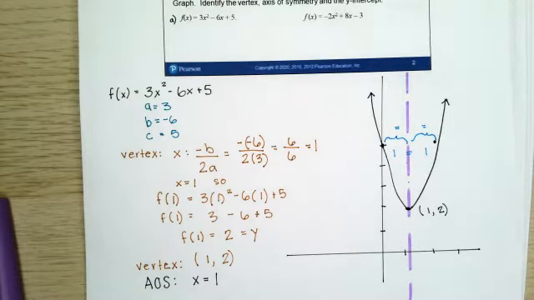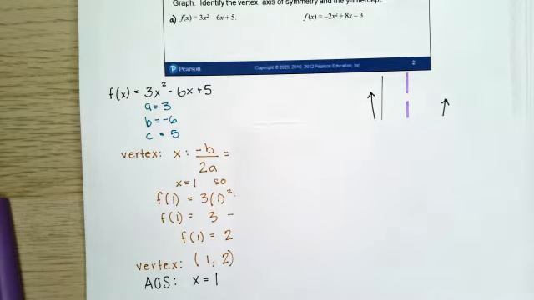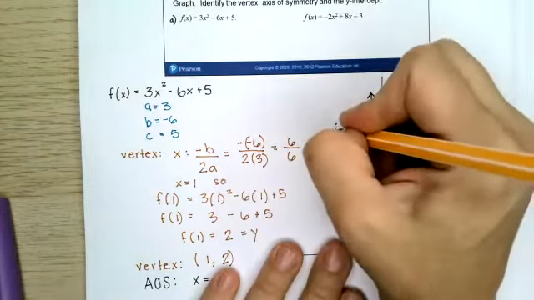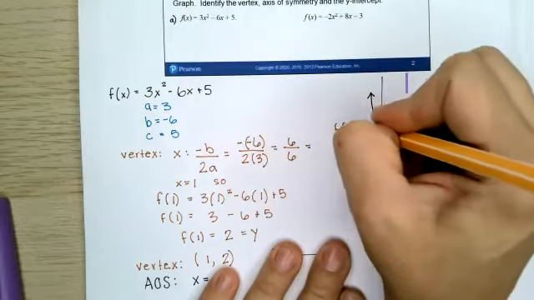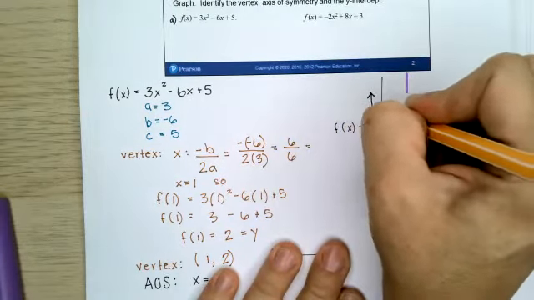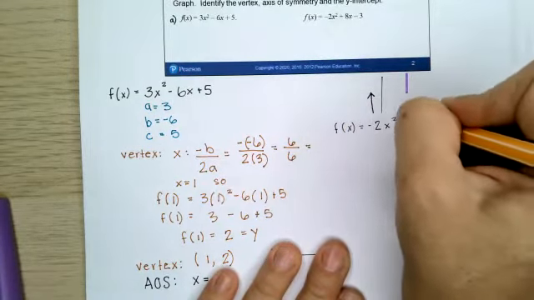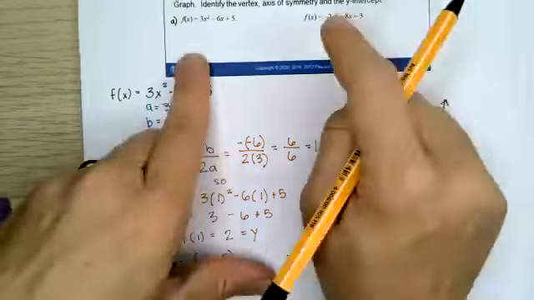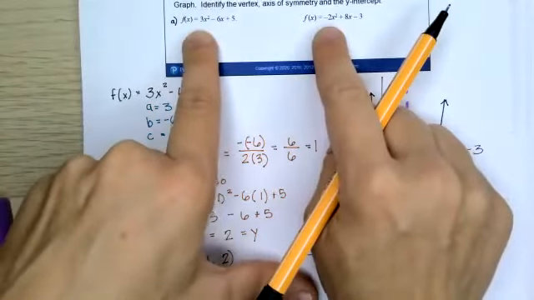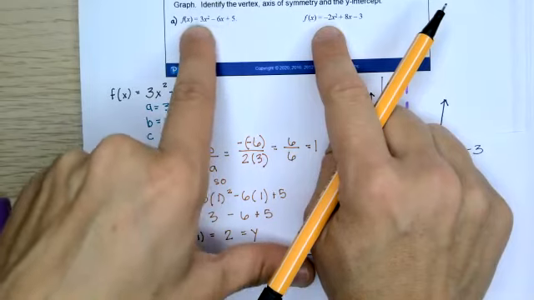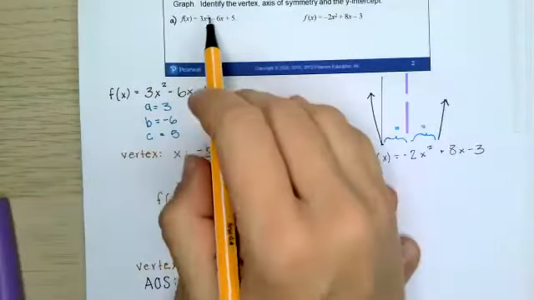Good. Let's do the other one. The other one was f of x equals negative 2x squared plus 8x minus 3. What is the difference you see between these two? This one was a positive, so it opens up.